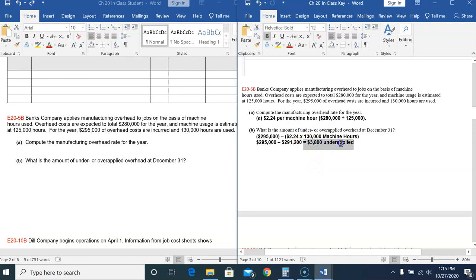We ended up with a $3,800 difference. We are underapplied because our actual overhead or indirect costs were greater than our estimate that we applied within work in process. That means we were underapplied. We didn't apply enough overhead. We didn't record enough of an estimate.